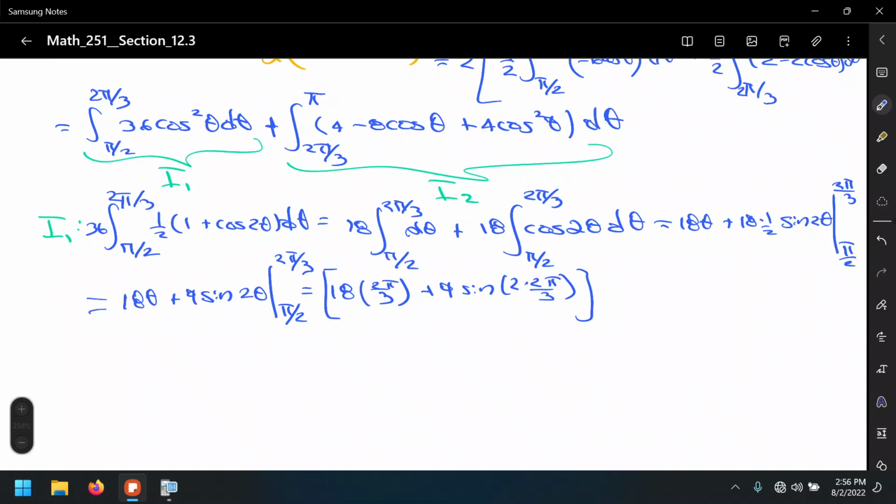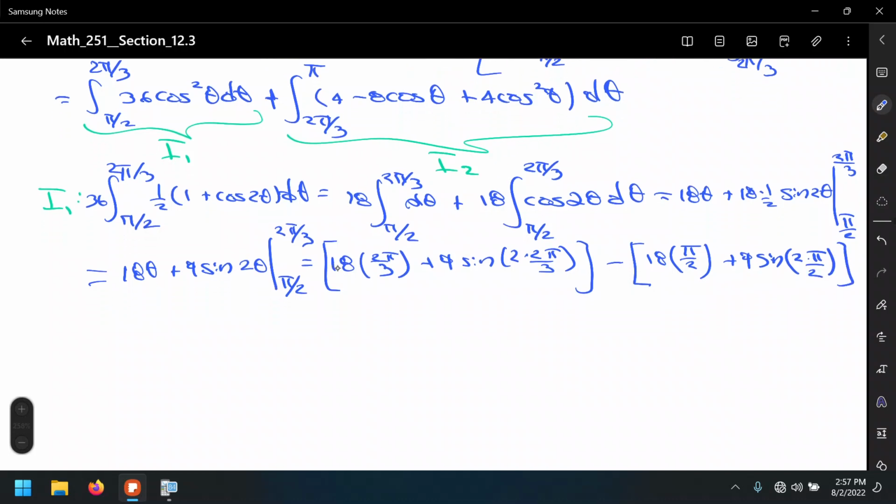Let's subtract the evaluation at the lower limit. So that's 18 times pi over 2, and unfortunately not much will be zeroed out over here, so we'll have to write everything, plus 9 sine of 2 times pi over 2. This one will get zeroed out.